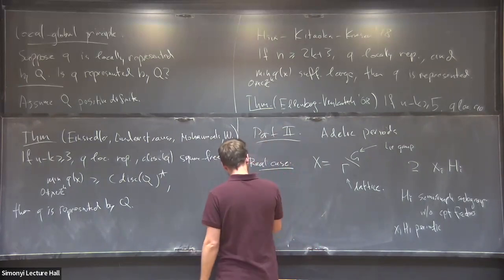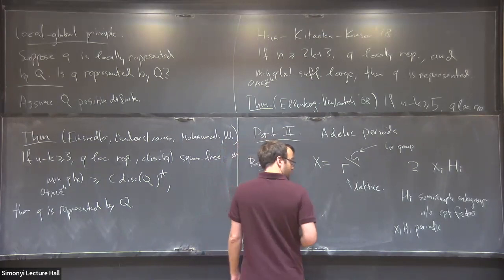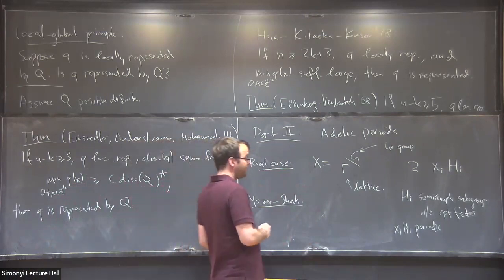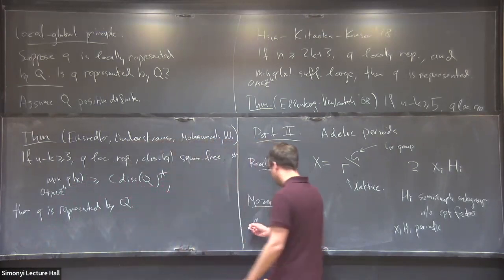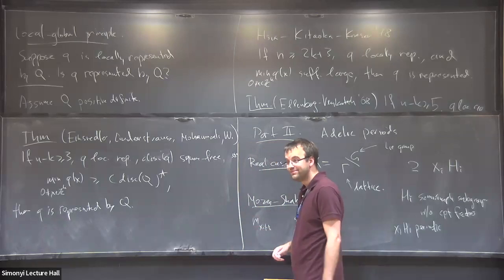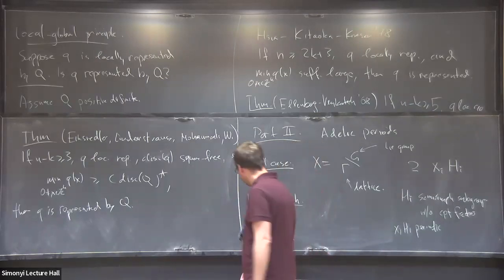So there's a very nice result of Mozes and Shah from '95, I think, that says the following. If you just take, so that's my notation for the invariant measure. I think her name should also be mentioned. Yes, of course.